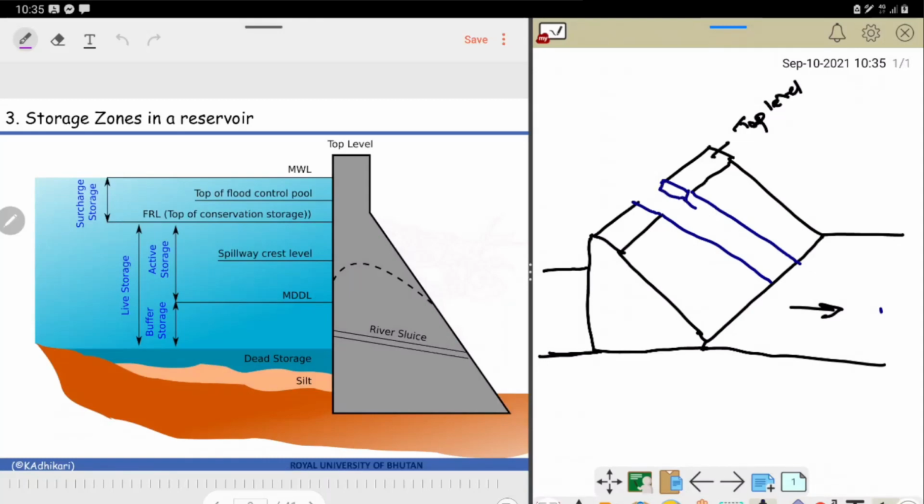There is a channel. What happens is when water exceeds this maximum level, then it has to be gotten rid of, right? So this excess water is channeled from this spillway. So this is what we call the spillway.